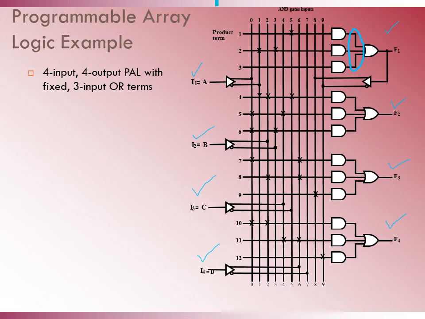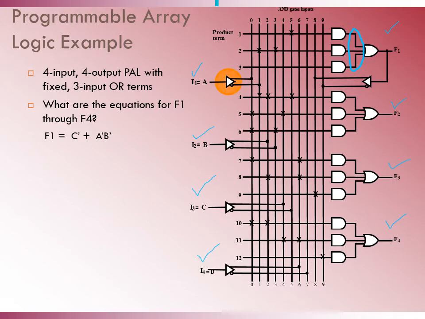Now let us see how to implement logic functions F1 through F4 with the help of PAL. What are the equations for F1 through F4? Now, the equation for F1, evident from the diagram, is F1 equals C bar plus A bar B bar. The realization of this equation is achieved by giving all variables to a block which we call a dual inverter.